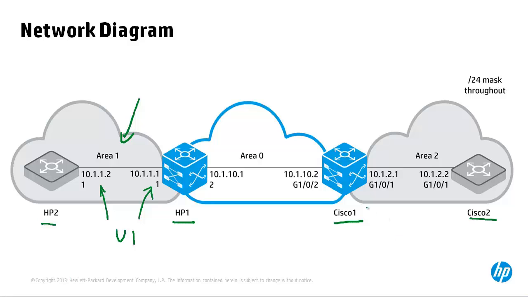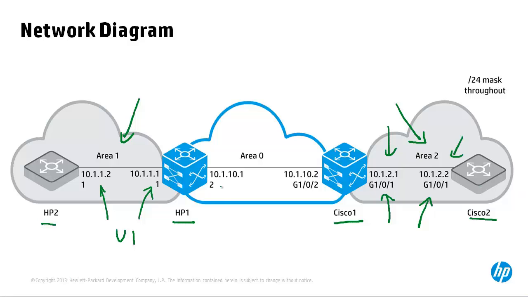The Cisco switches have their ports configured as routed ports, so the interfaces, Gigabit 1/0/1, have IP addresses configured directly on them, and these switches will be configured in OSPF Area 2.